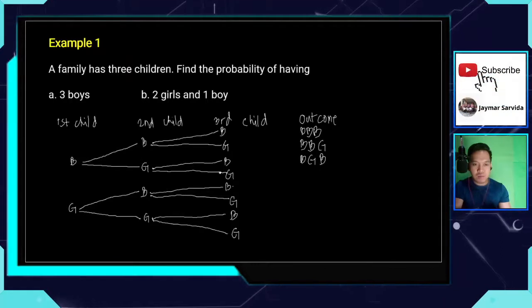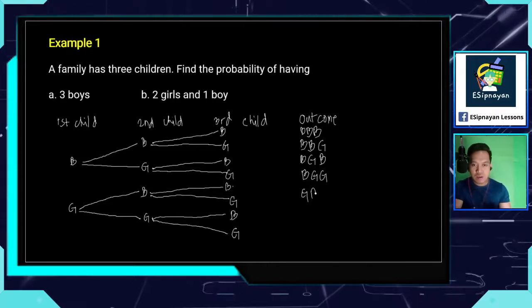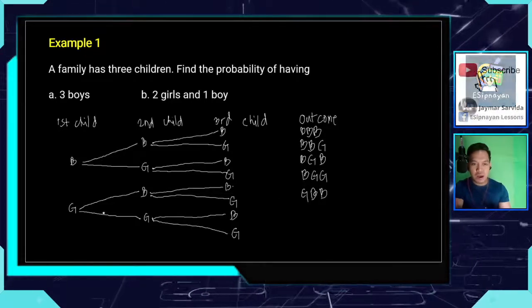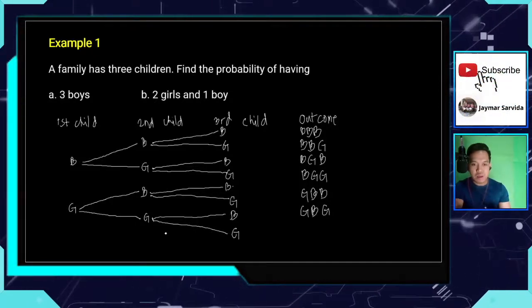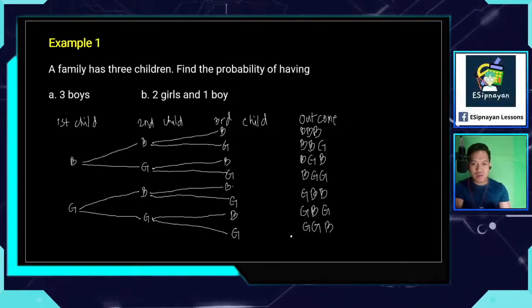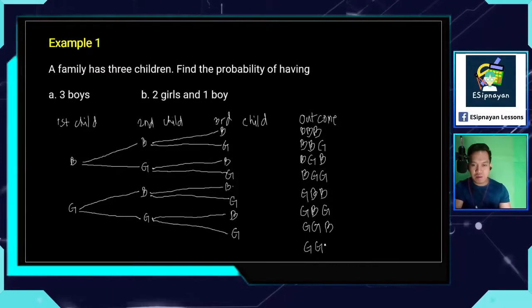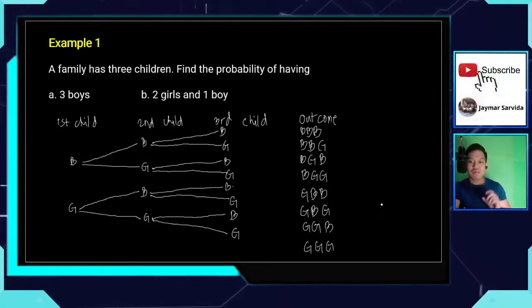Then we have boy, tapos puro girls, dalawang girl. Then we have girl, dalawang boys. Then we have girl, boy, girl. Then we have girl, girl, boy. And we have 3 girls. Okay, so ito yung ating mga possible outcome. So in total, there are 8 possible outcomes.